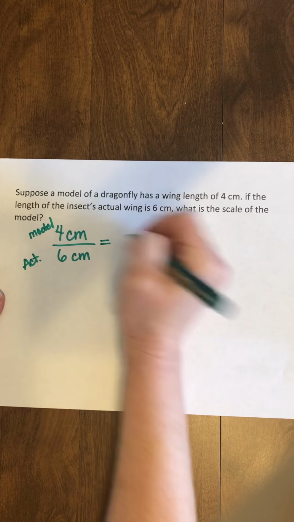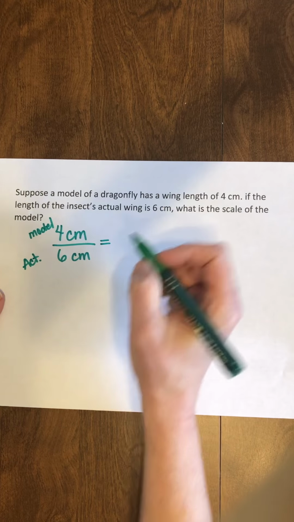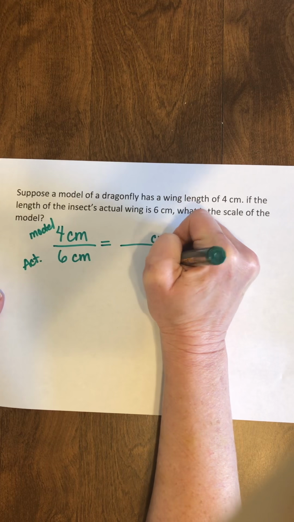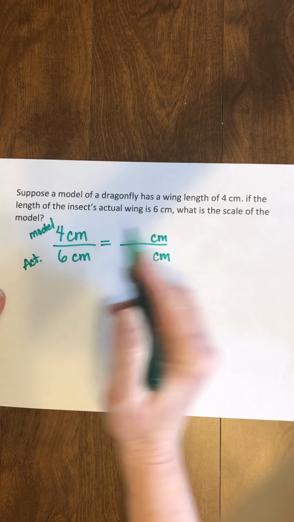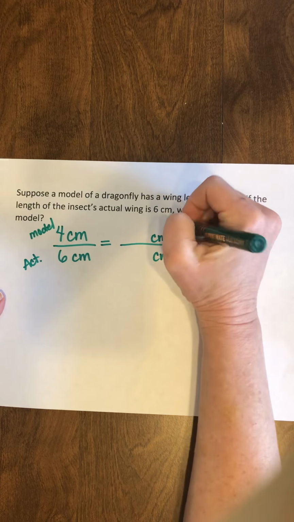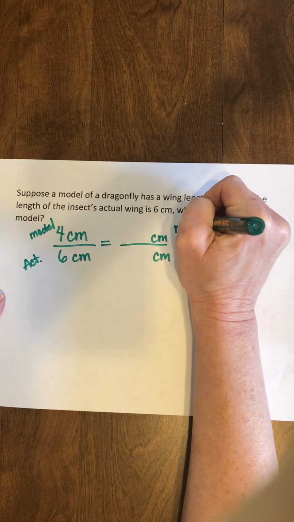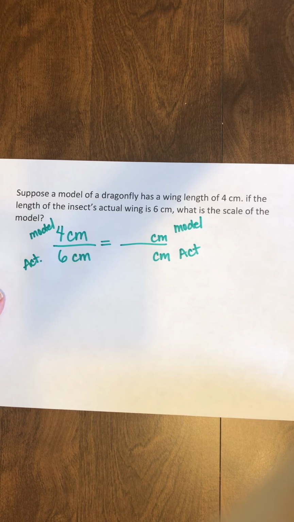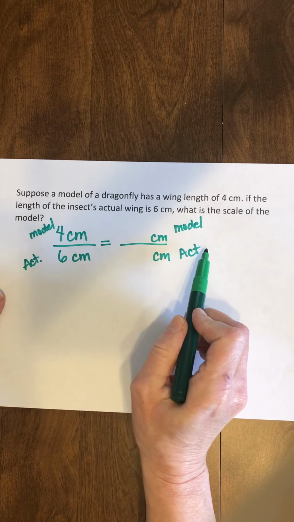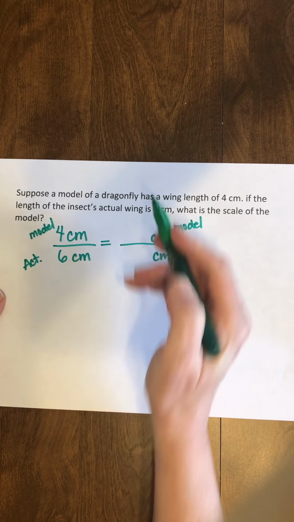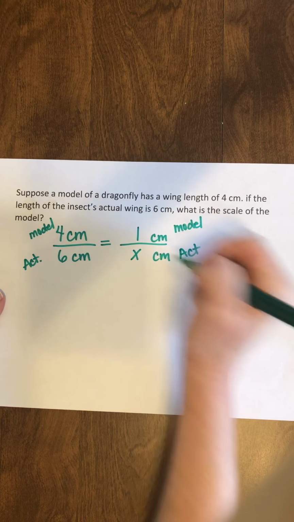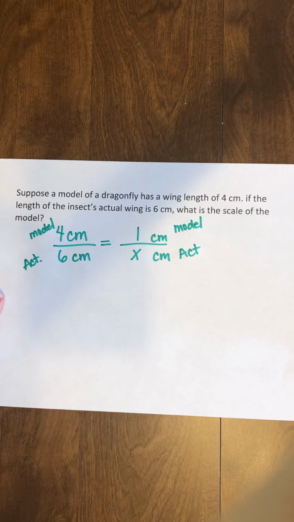Now to figure out what we want on this side, remember, we're going to make it goof proof, but that doesn't help us a whole lot because everything's in centimeters. But I have to remember that this is the model at the top and the actual down in the denominator. When we want to do a scale, for my scale model, I want a 1, so I'm going to put a 1 here. I'm going to be looking for what this is going to give me down below for my actual.